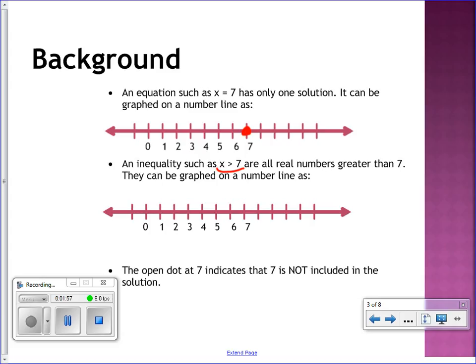Since it is greater than 7 but not equal to 7, we put an open circle. And then we want to graph all points that are greater than 7, and I like making nice thick lines so that we can actually see it. And there would be the graph of x is greater than 7. The open circle indicates that it is not equal to 7.